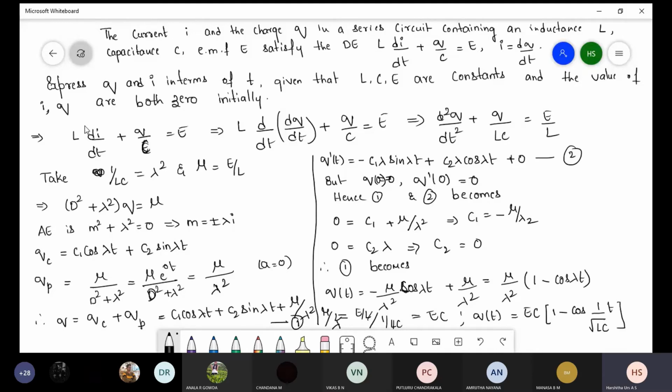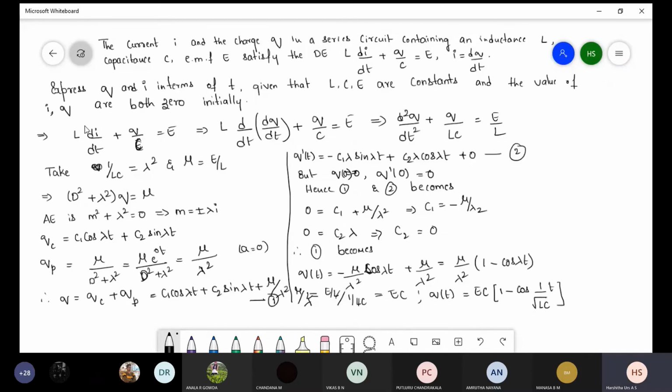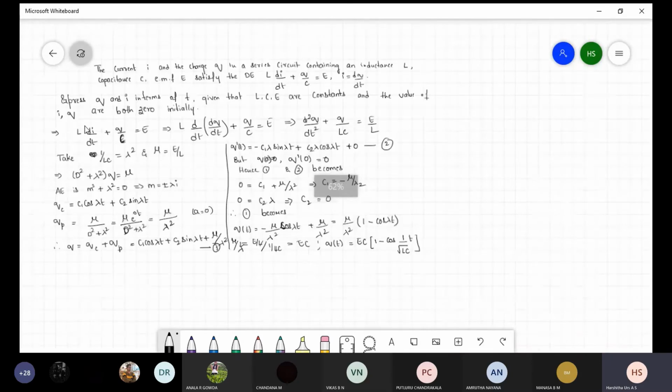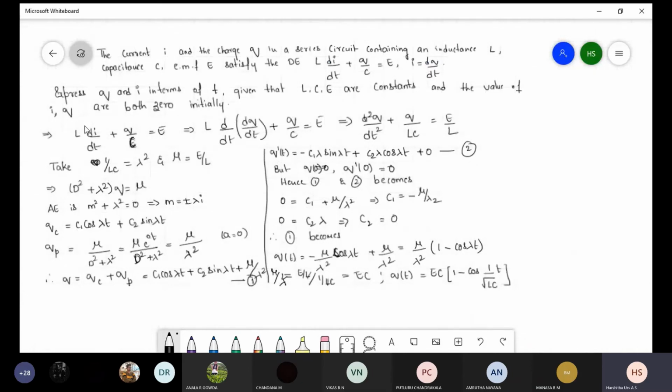Next, after finding up to here, they asked us to find both Q and I. We already found Q of t. Q of t is EC into 1 minus cos of 1 divided by root of LC into t.